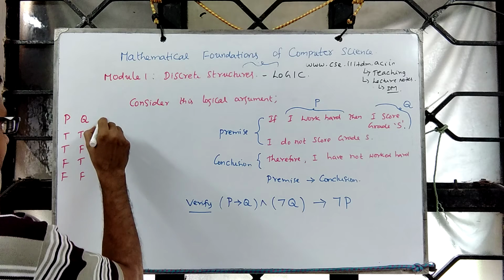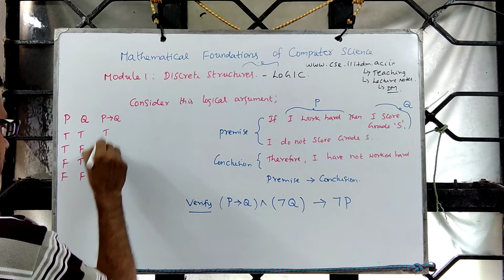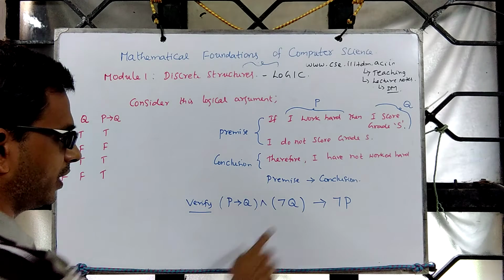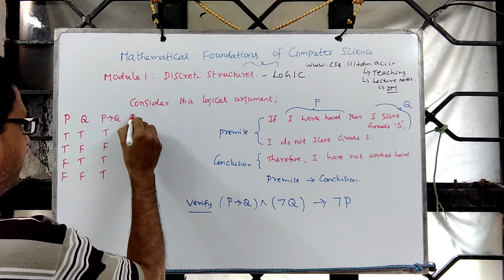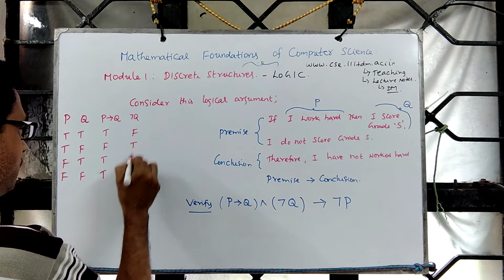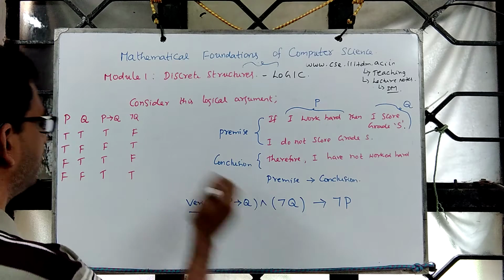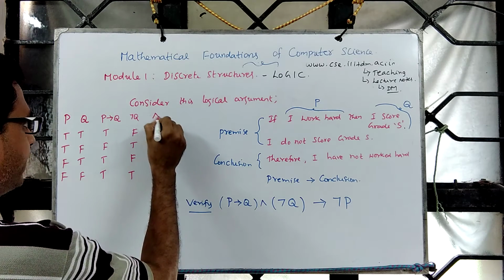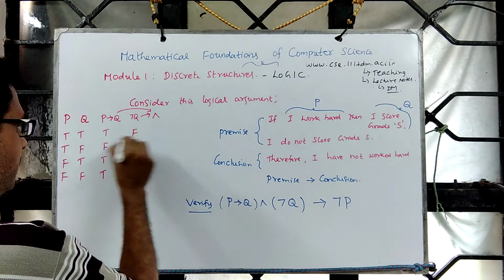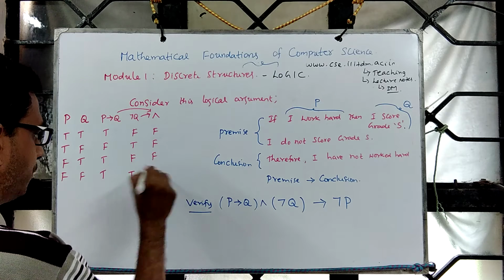The first one says P implies Q, then it is true, false, true, true. Next one says negation Q. Negation Q is false, true, false, true. Then combine these two using the logical operator. Then this is false, this is false, this is false and true.